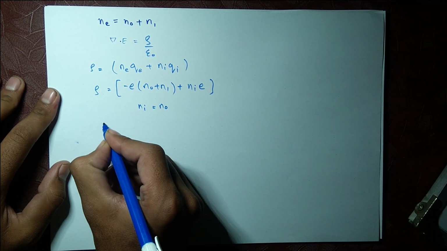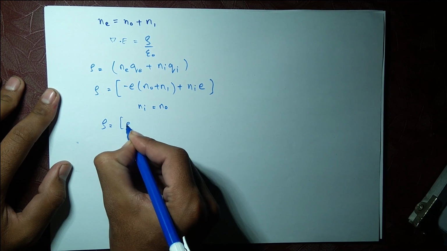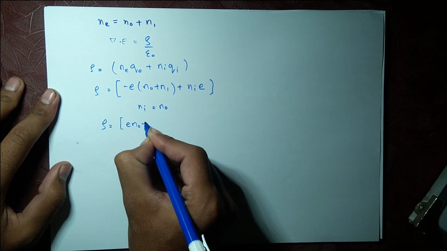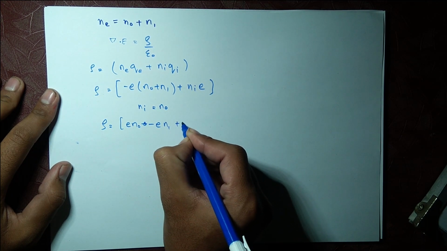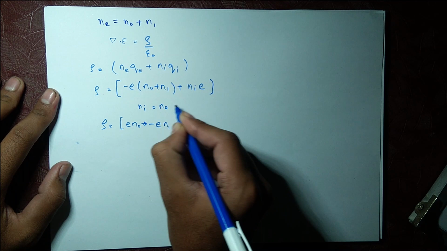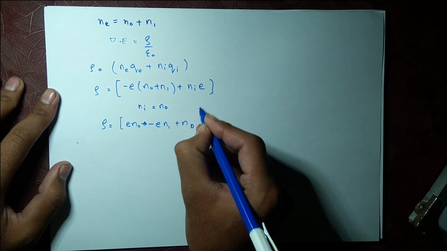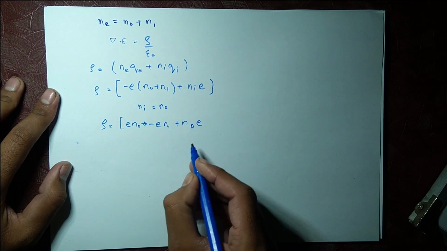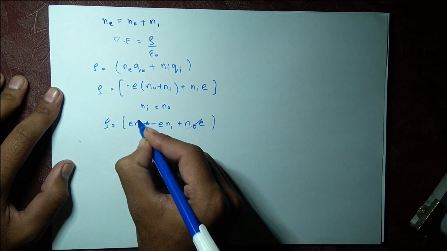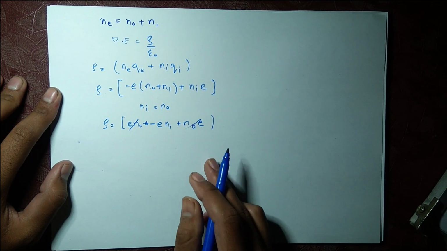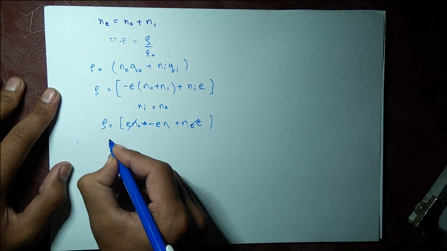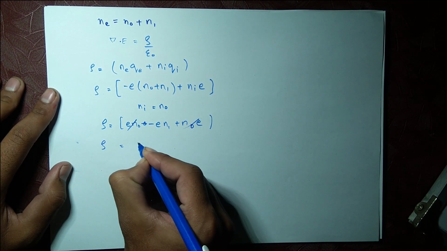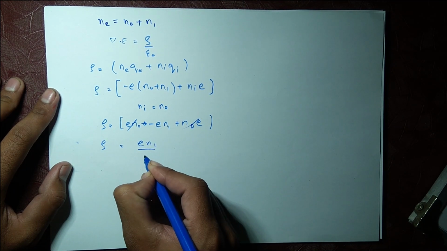So multiply this value: rho equals E N naught minus E N1 plus N1 N naught E. This N naught will be cancelled out, and now we get rho equals minus E N1.